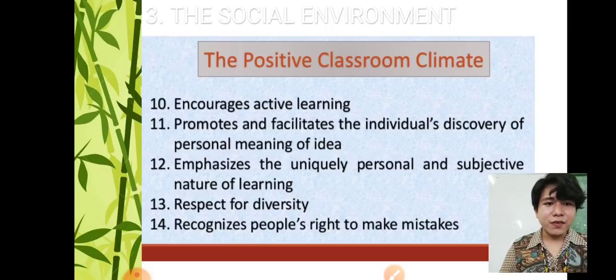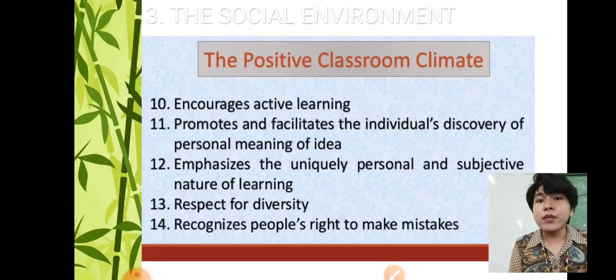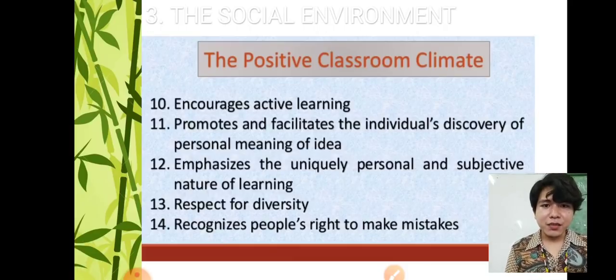So it emphasizes the uniquely personal and subjective nature of learning. So we need to diversify our assessments and activities to meet the students' needs.